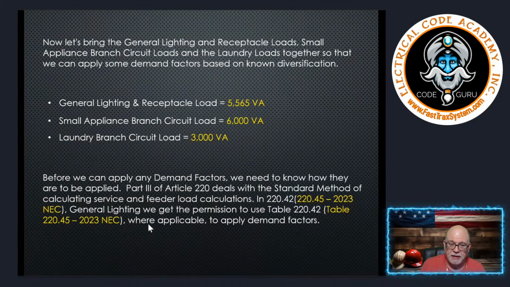Even though the table, which is 220.45 under the 2023 NEC, just says general lighting, you know that the general use receptacles, 20 amps or less, are included, because we saw earlier when we looked at the code that it specifically said that was included in 220.41. So we know that's included. So that's where we're at, and now we're going to have to apply those things.